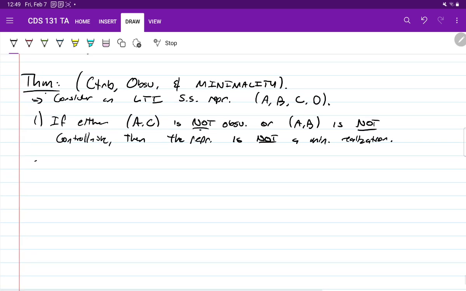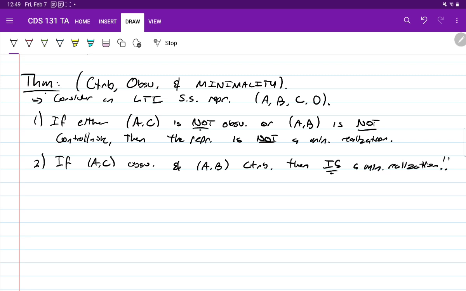Now, on the other hand, if A, C is observable and A, B is controllable, then it is a minimal realization.